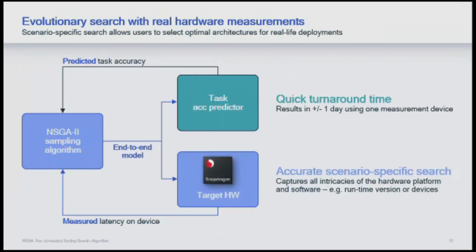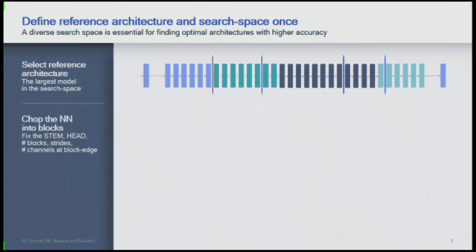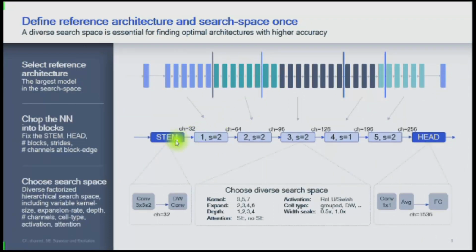Currently, it's simply based on the number of output channels of each block. For example, you can see here channel 32, channel 64, channel 96, and so on and so forth. Whenever there's a channel change, we consider that as a block. That's what we currently do.